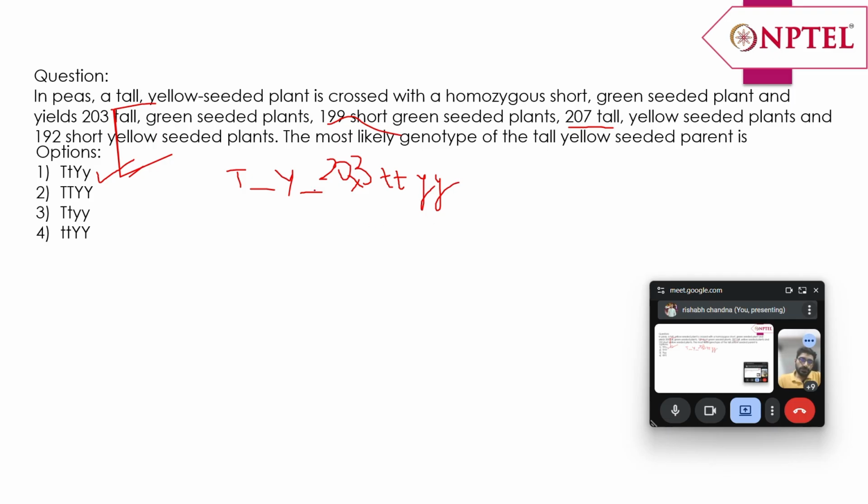From this case, we can say that 203 seeds were tall and green, so this will be small y. Then 199 are short and green seeds. Then 207 are tall yellow seeds, and then the last one is short and yellow seeds.